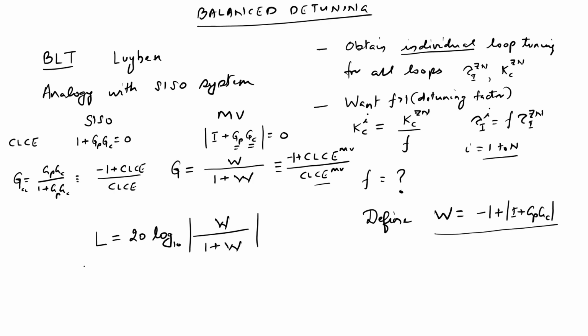By the way, the procedure then is: you assume a detuning factor f. For each of the loops, Kc and tau I are known, and now we're going to detune from that Kc and tau I. So you assume a detuning factor f, which is greater than 1.